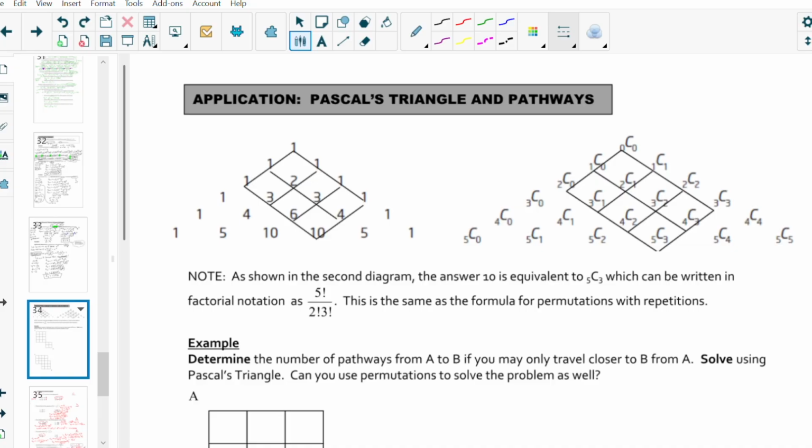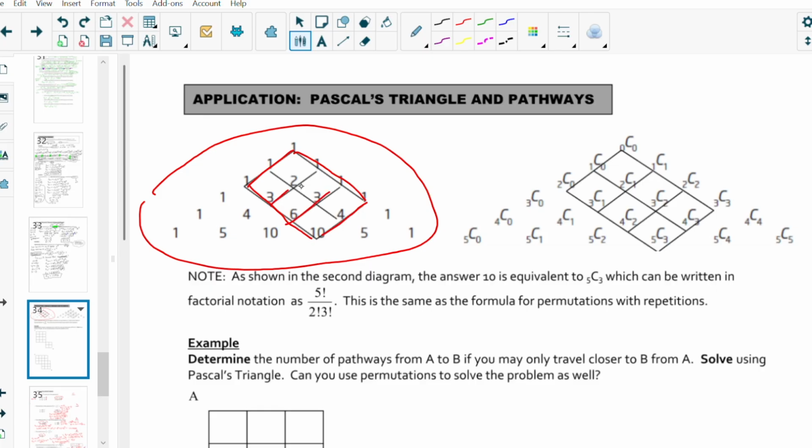Okay, last part of the binomial theorem, application, Pascal's triangle, and pathway. So we can actually use Pascal's triangle to help us determine like the possible number of pathways. It's actually kind of cool how this works out in a grid. Okay, so let's take a look at this grid here. This is very familiar. This is Pascal's triangle. If we overlay a grid, we'll see that it's like our rectangular grid city problem, where if I wanted to get from point A to B, how many different ways would it take?